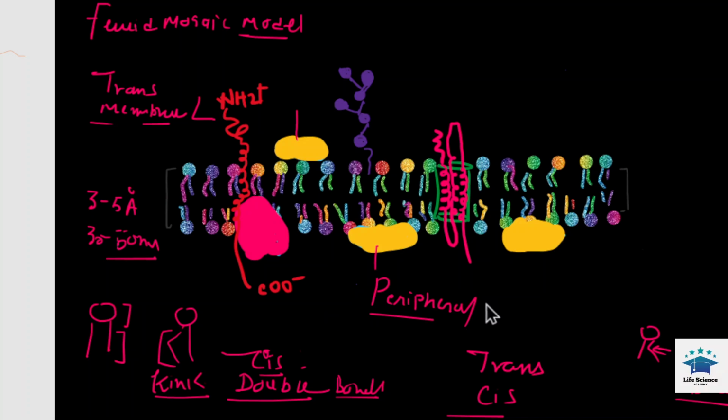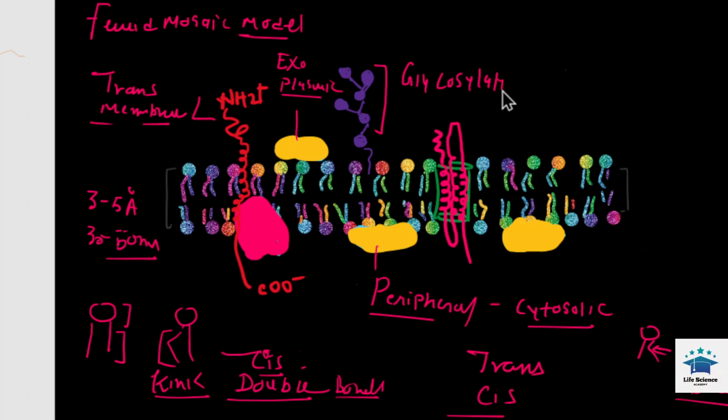This is the cytosolic peripheral protein, and this is the exoplasmic peripheral protein, and this is the sugar moiety. This is glycosylation in the lipid bilayer.